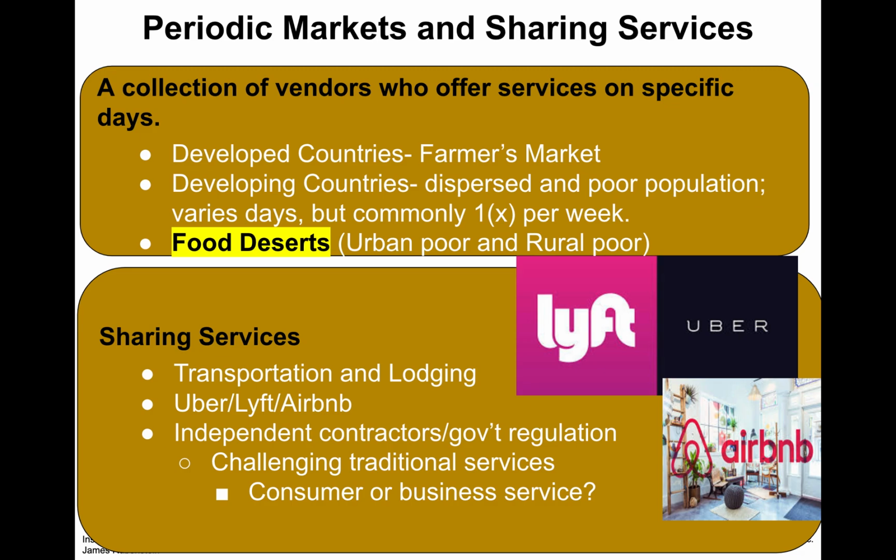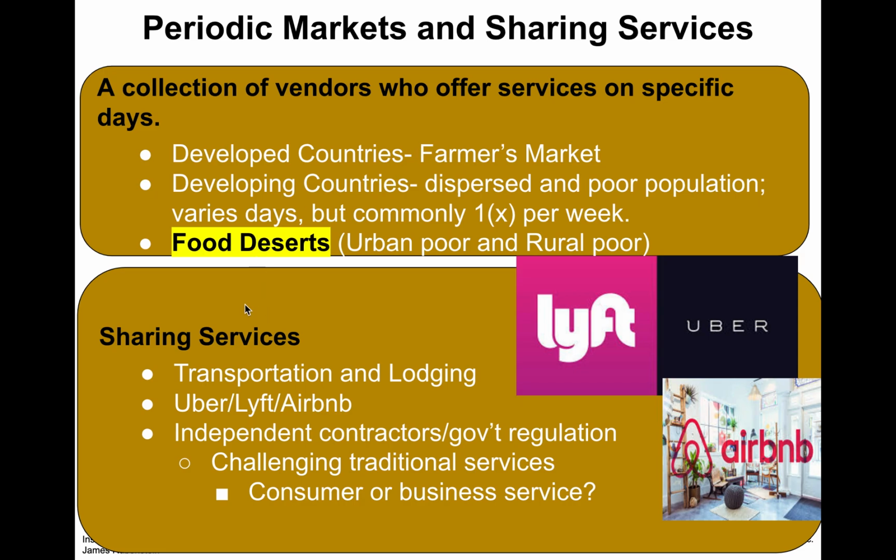Food deserts, as already mentioned in the last slide, can sometimes be eradicated through periodic markets such as farmers markets, but oftentimes those farmer markets in more developed regions are located in a town square or a government center.